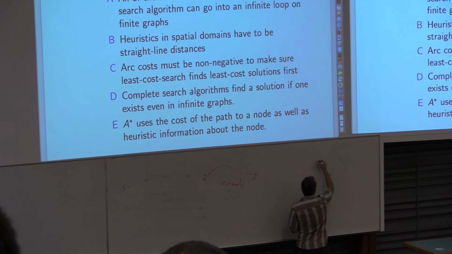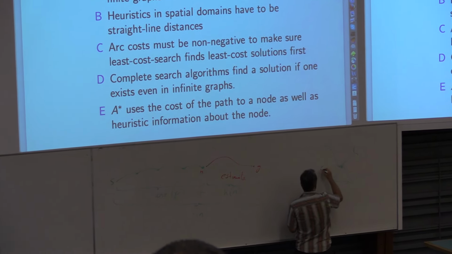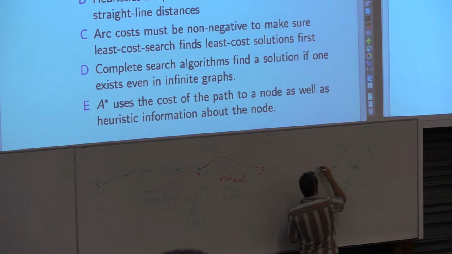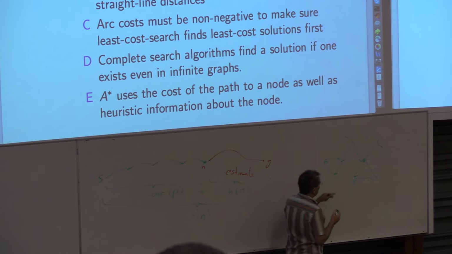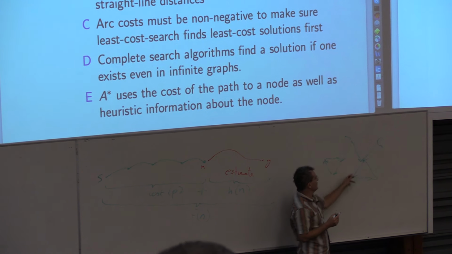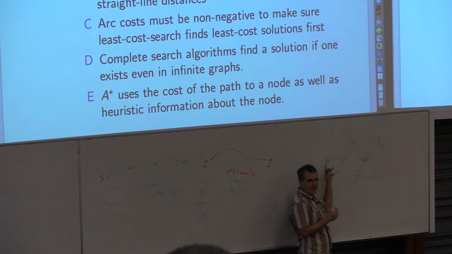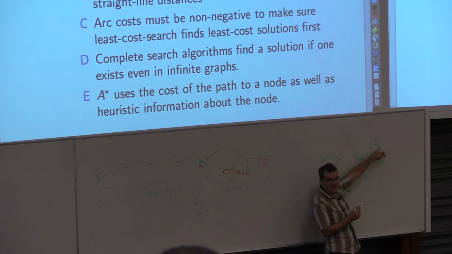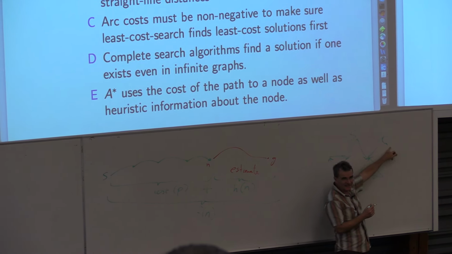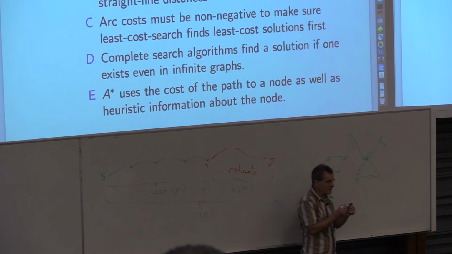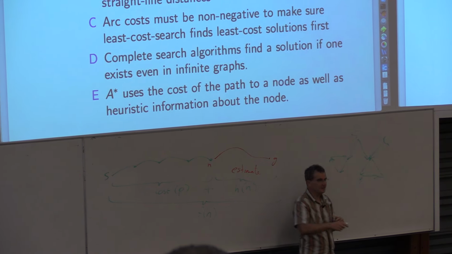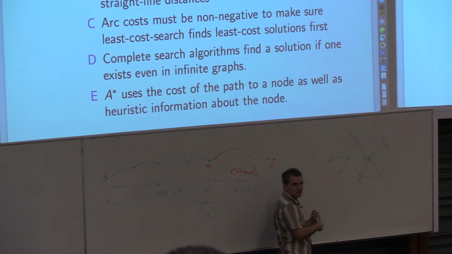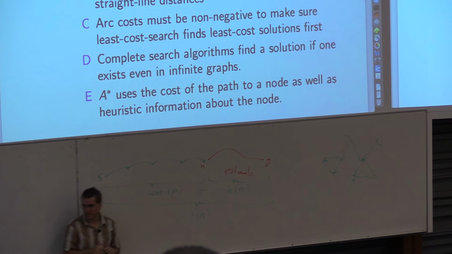The start node was here, and this one just went into a loop, right? And if you started from the start, no matter which one you choose, there's always this infinite path we can go through. So if we start from here, we're trying to get to here, there are no paths to here. It doesn't matter which element of the frontier you keep choosing, you're going to keep going in this loop. You're not going to stop.